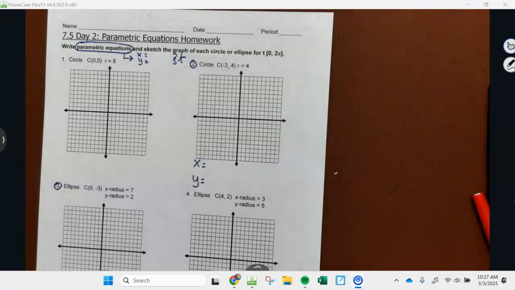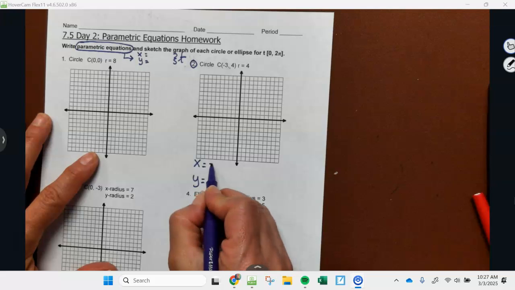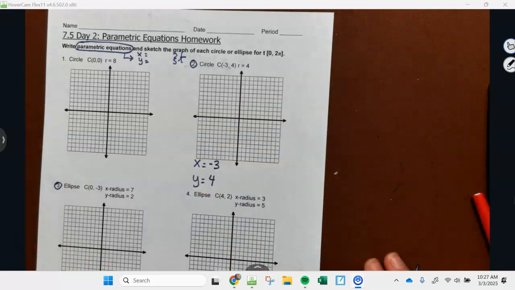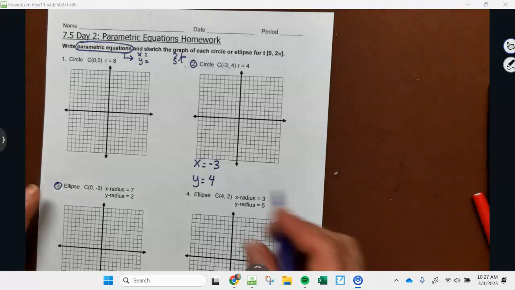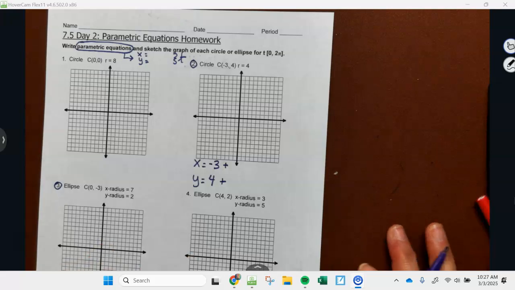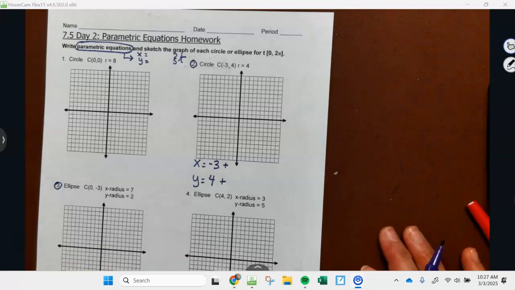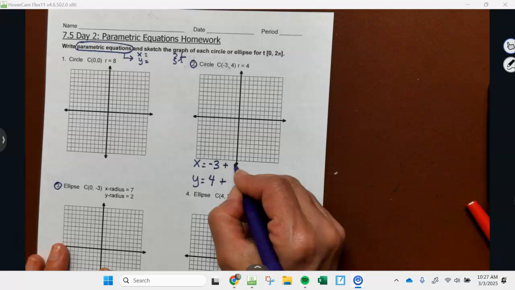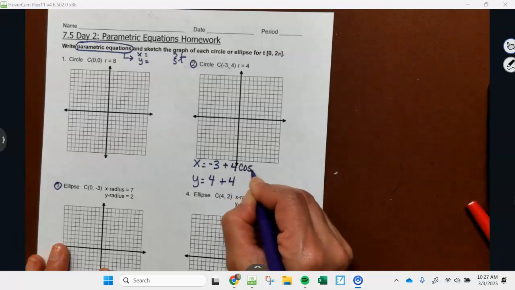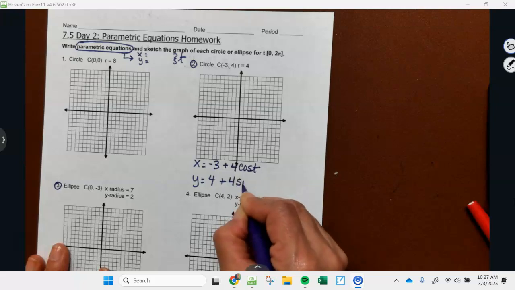and I know x is always grouped with h, so I'm going to write -3 right here. The k value is 4, always grouped with y. I'm going to draw a plus sign because there's always a plus sign. And y'all, it's a circle, so A and B are the same thing. So both of these are going to have a 4 in front, both for cosine t and for sine t.